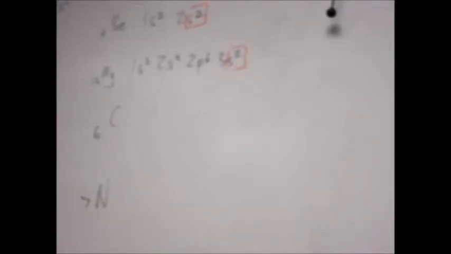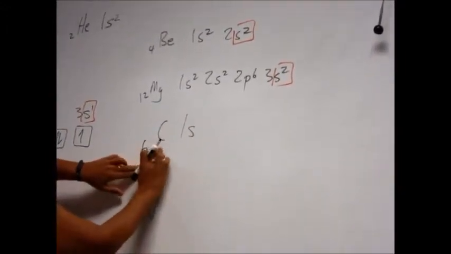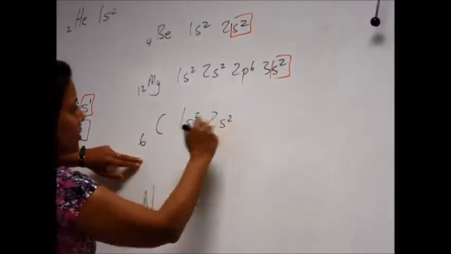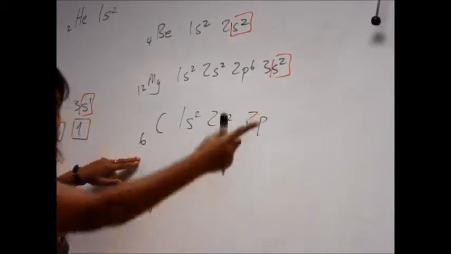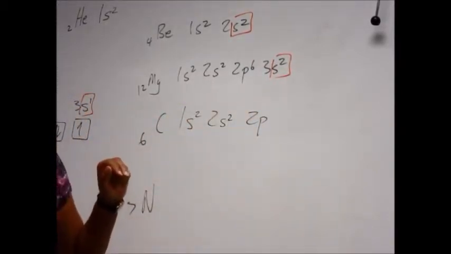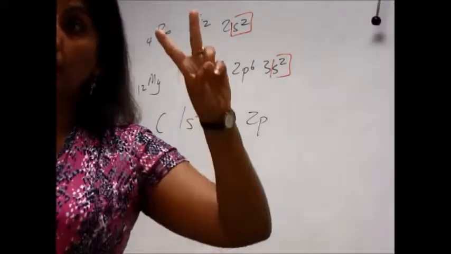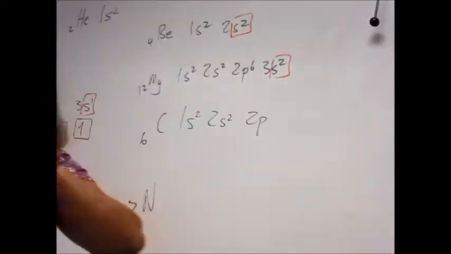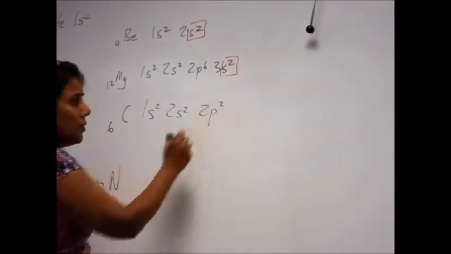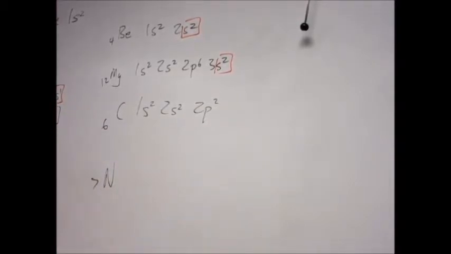I mentioned how to do that for the box configuration, but still, just to give you an example, carbon is 1s2, 2s2, and then 2p. You can just look at the periodic table, and it should be ending in p2. Make your life easy for yourself, so you don't have to keep counting electrons all the time. You can just look at the periodic table.